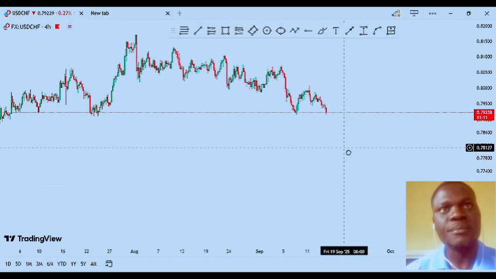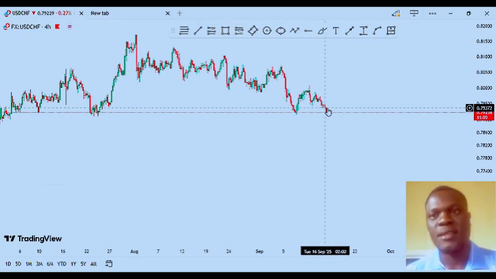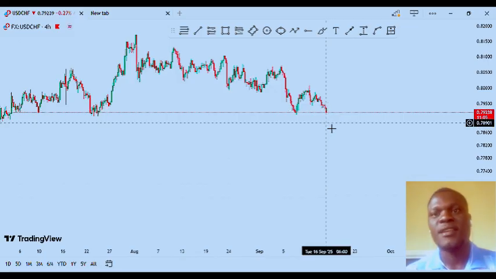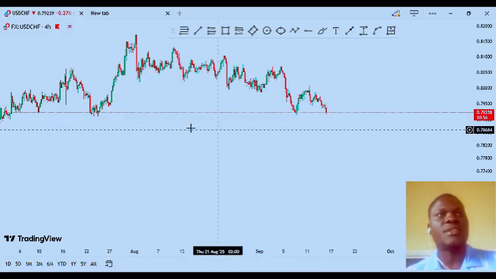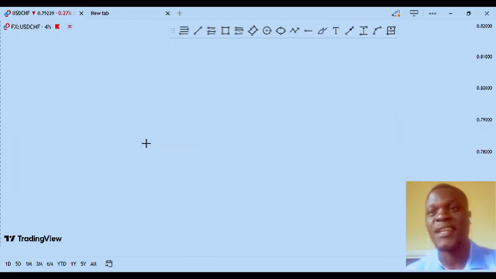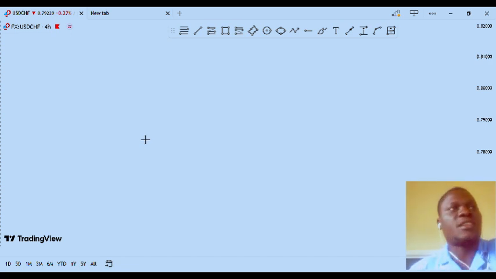If DXY is selling, the British pound and the Euro market, everything will be buying. That's how I was able to flip my $95 into 400 or something dollars, following this basic principle of price action.